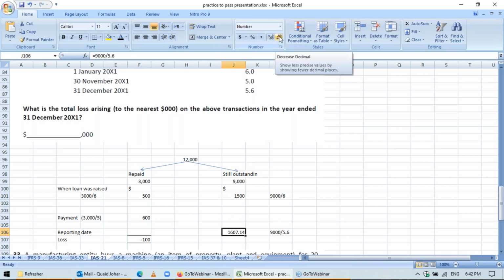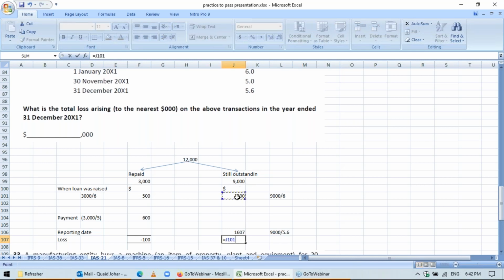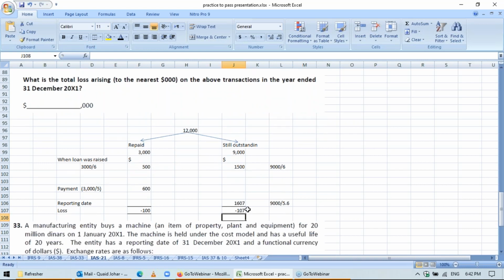So we have to give the answer in thousands. So this now results in a loss. The liability has increased, and if the liability increases, you are incurring a loss. So there's a loss of 107. So to sum these two, the total loss is 207. So the correct answer is $207 loss.